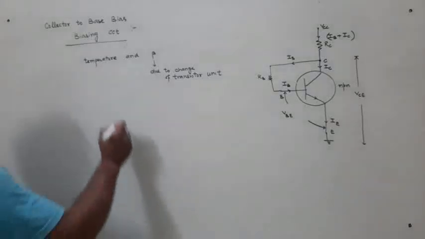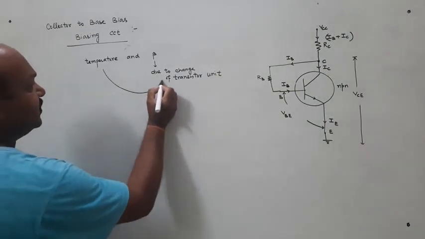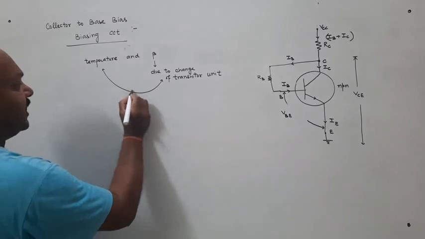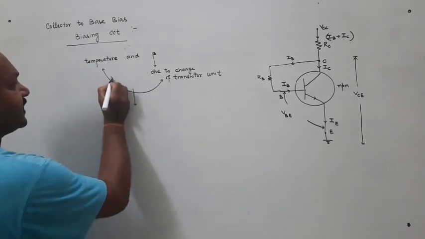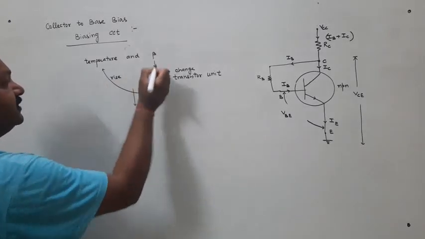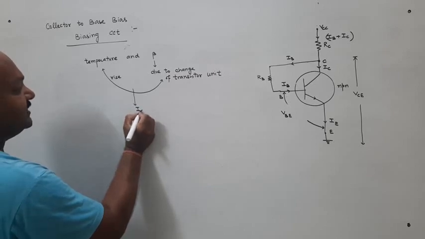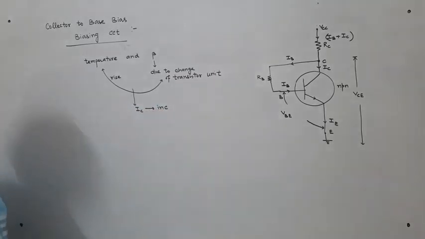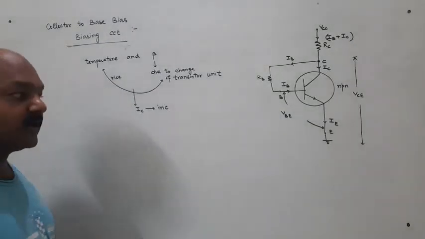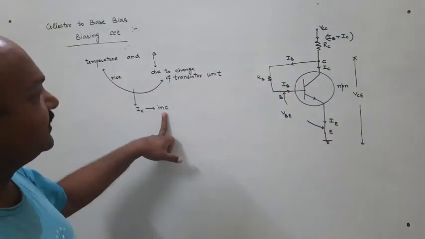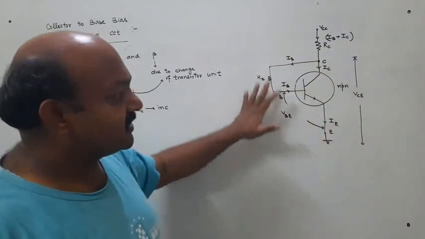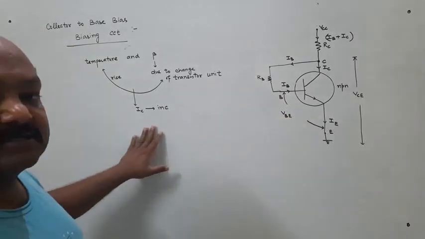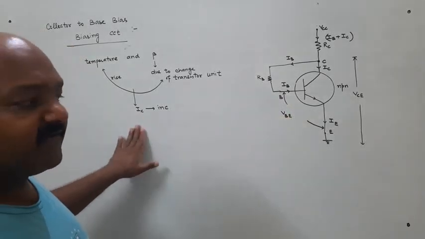So if due to temperature rise or due to change of beta, IC increases in the circuit due to thermal runaway, then how does this circuit stabilize and nullify this change?